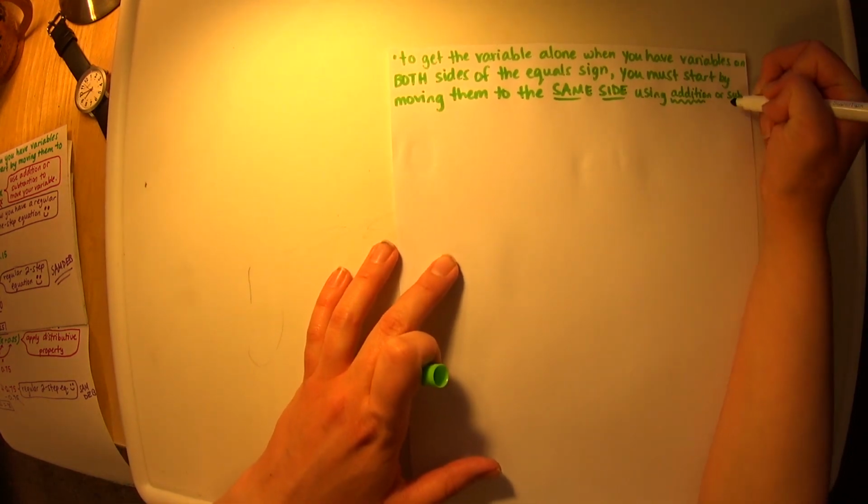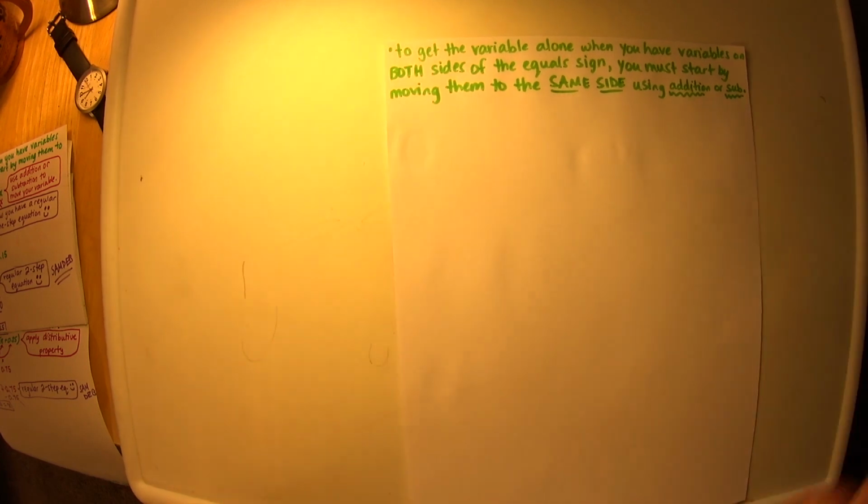Okay, so in order to move the entire term, you're going to be using addition or subtraction. I know that when working with a term that has a variable, you're used to using multiplication or division to cancel out the coefficient or the divisor. But in this case, we're not just trying to cancel out the coefficient to get the variable alone.